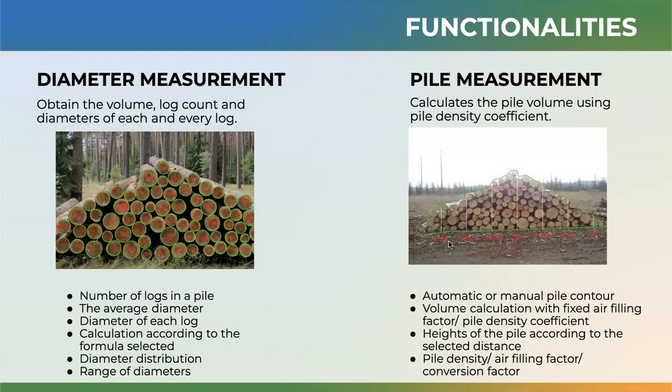The volume calculation is based on adding the air filling factor, or pile density coefficient, to the measurement. In addition, the heights of the pile are visible according to the distance that the user selects.